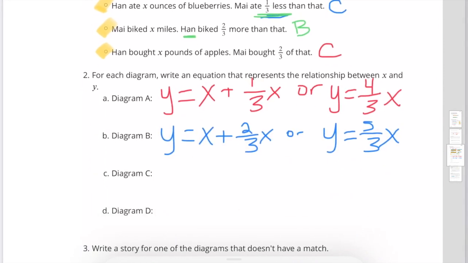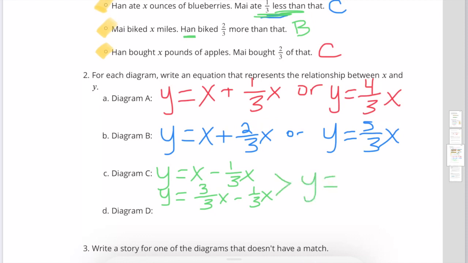So that would be subtraction. So less than is subtraction. So Y equals X minus 1/3 X, which would be the same thing as Y equals 3/3 X minus 1/3 X, which leaves you with what? So that simplifies to Y equals 2/3 X.